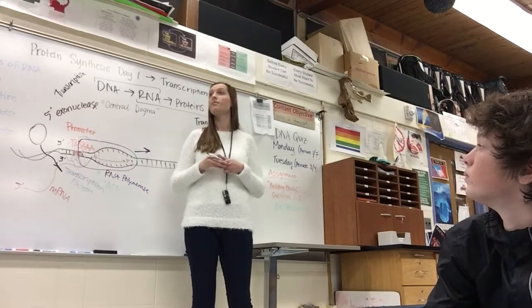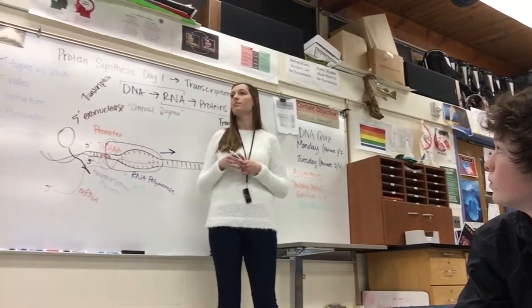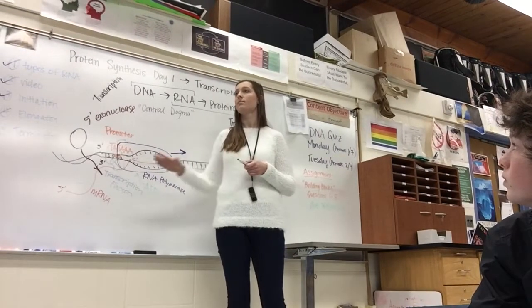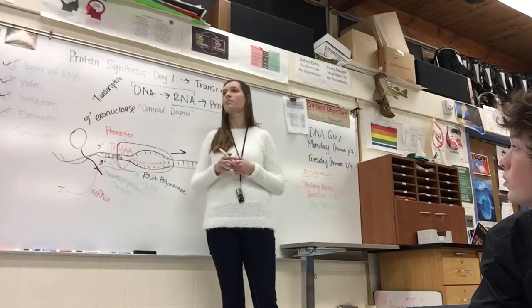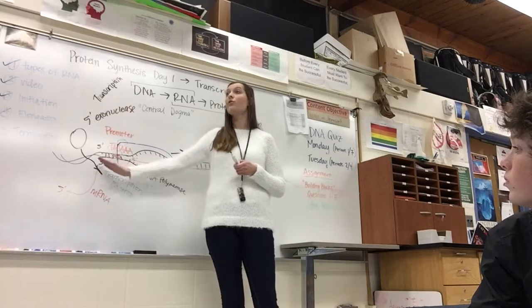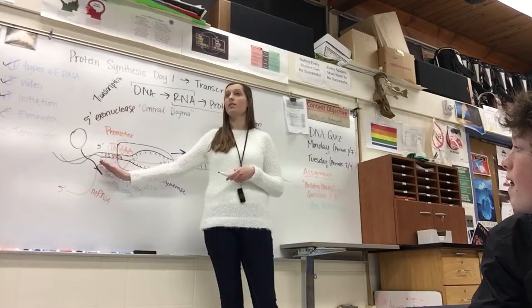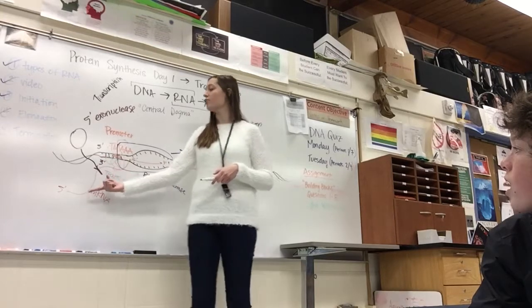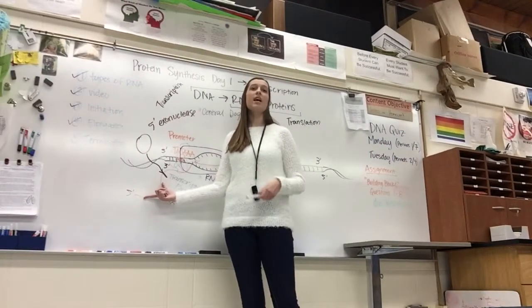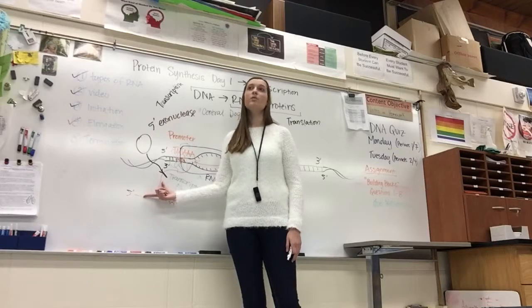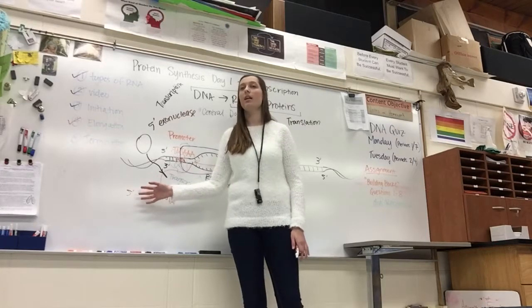Wait, so with the RNA, it just goes in and cuts off a little piece of RNA that we need, or does it also go in and stop the RNA? So the first step is that we're going to cut this to make sure that we have the chunk that we need, and then that's complete. So this part can float away into the nucleus and hang out there.